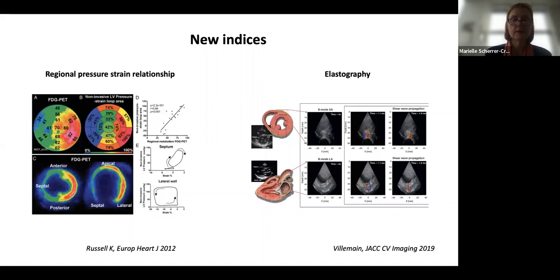And finally, just one slide, just to move beyond the LVEF and the strain. There is a variety of new indices that may or may not be interesting. Certainly, the regional pressure-strain relationship has been touted in particular by the team of Otto Smiseth in Norway as an index that's reflective of the metabolism and the oxygen consumption of the myocardium, and that may be interesting.